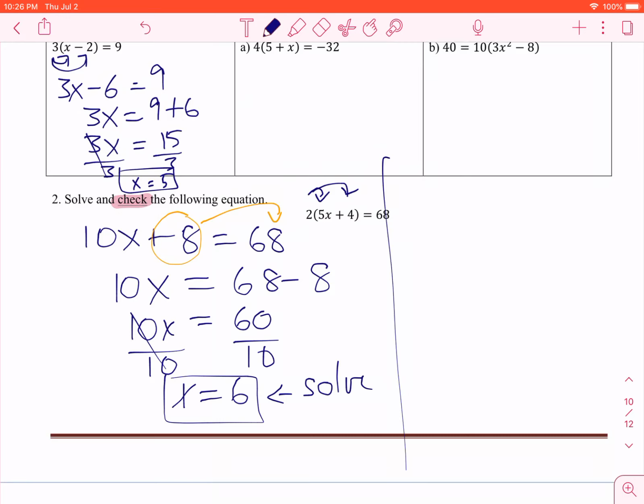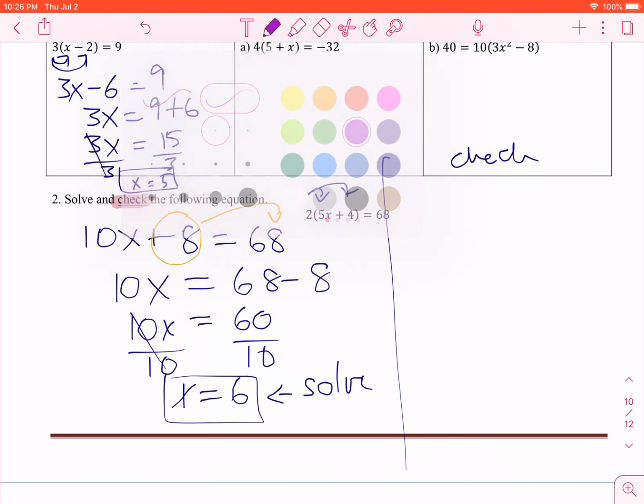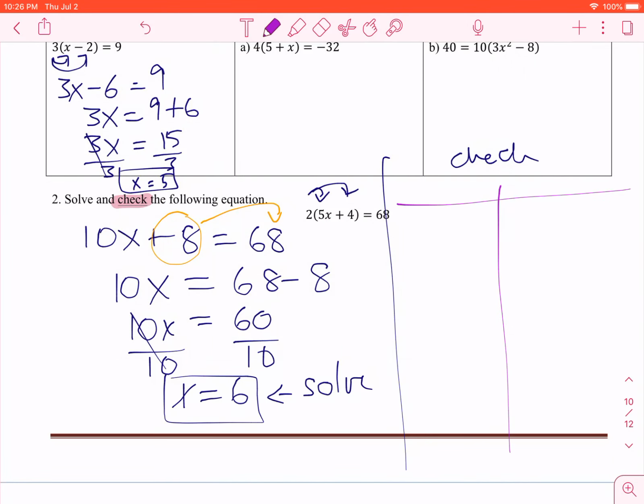The check part is you making a left side, right side check. Okay, so it's going to be a T table where we're going to rewrite what's on the left side of the equation. So in this case, in the original, of course, so 2 times 5x plus 4.